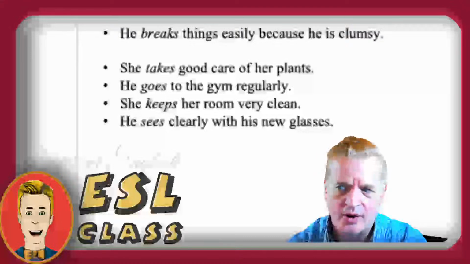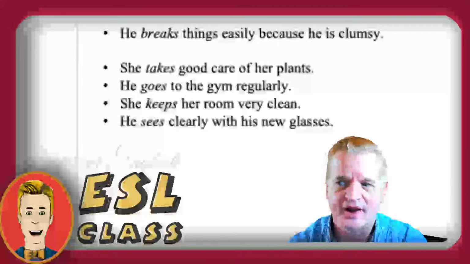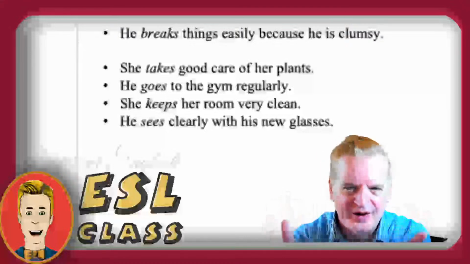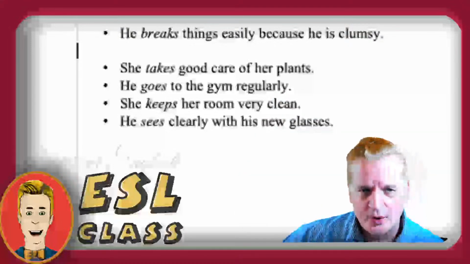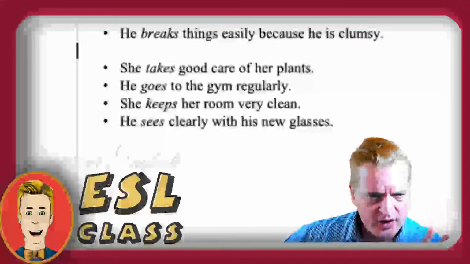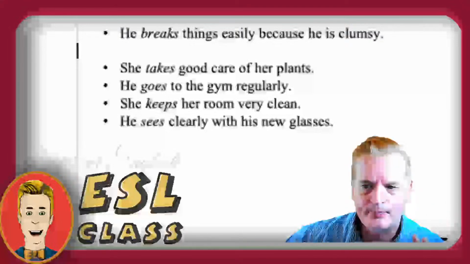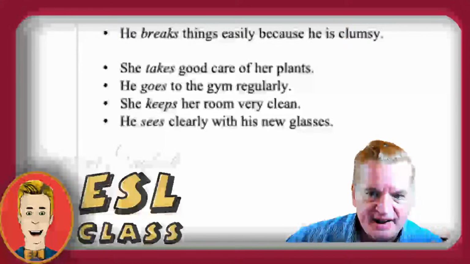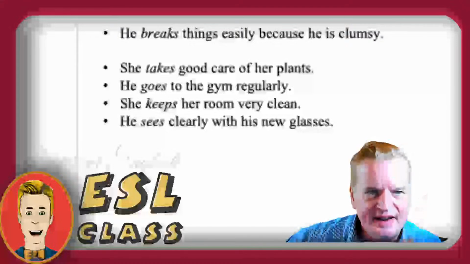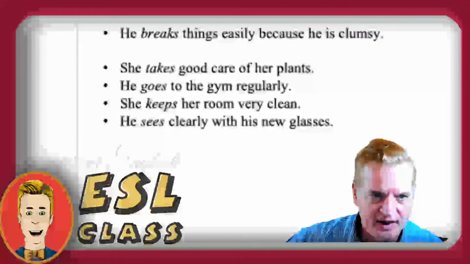Clumsy is someone who is not very coordinated, who makes a lot of mistakes when holding things. Oh no, I dropped it. Okay, so we have regular easily, focus easily. He breaks things easily. This is the rhythm of English.